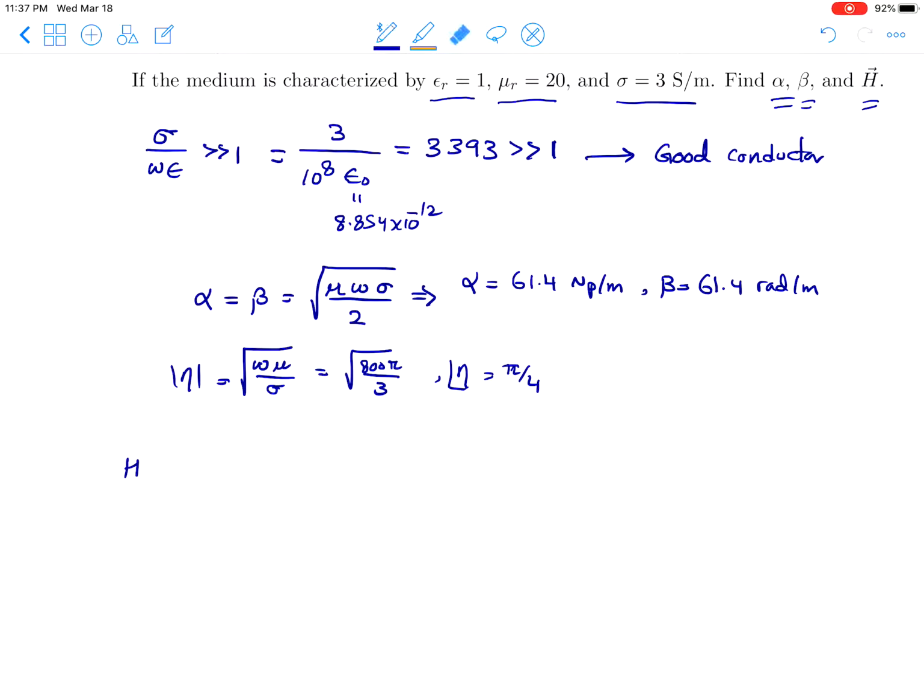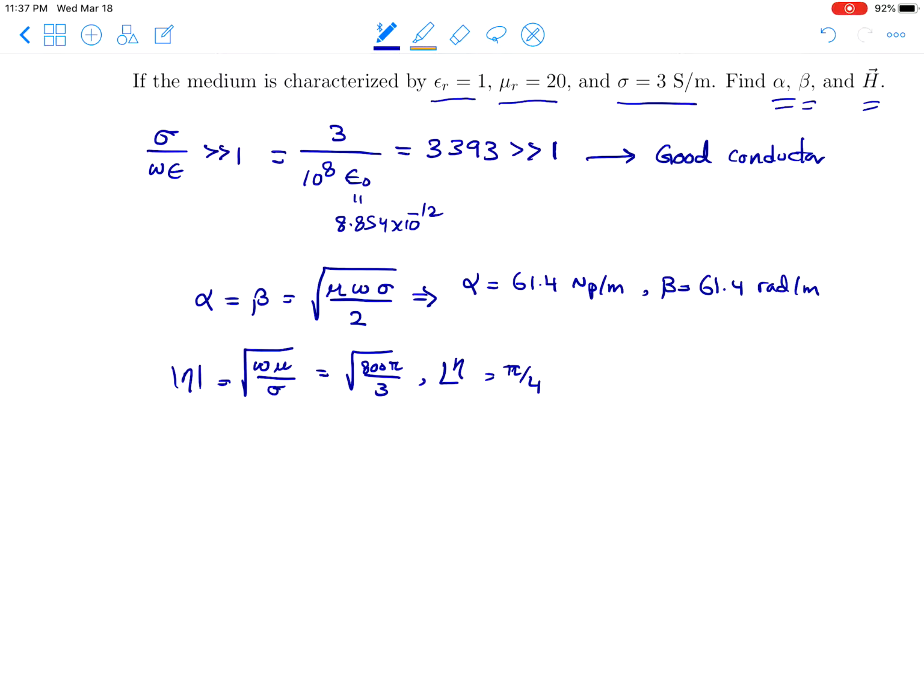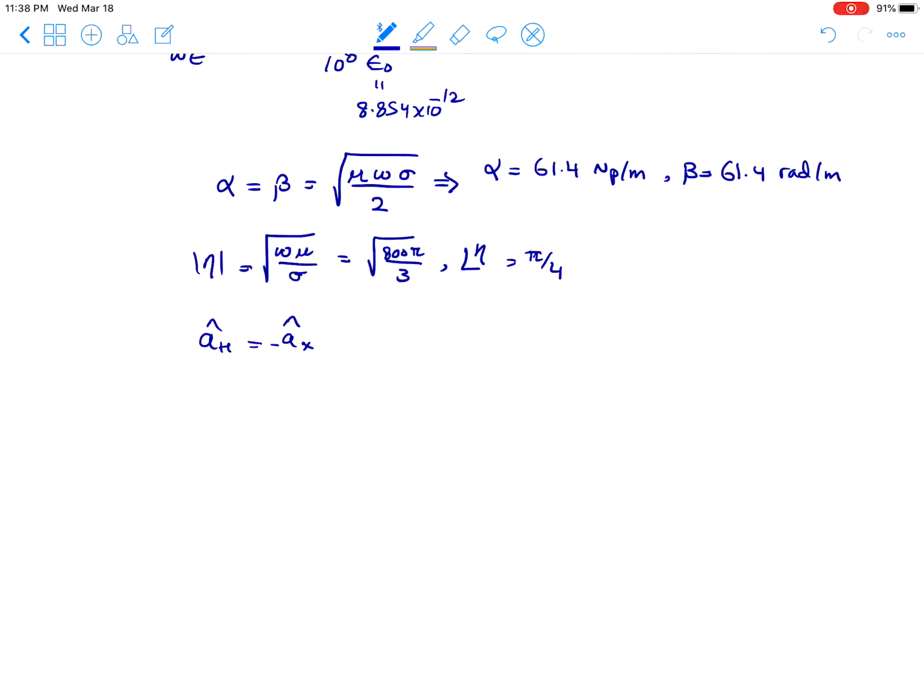Therefore, before actually finding the expression, let's determine the direction of the magnetic field. The electric field is along the positive a_y. The wave is propagating along the positive a_z, which means that a_H should be along the negative a_x.